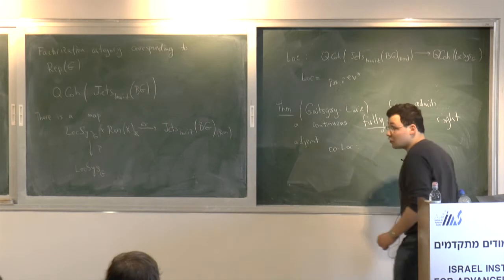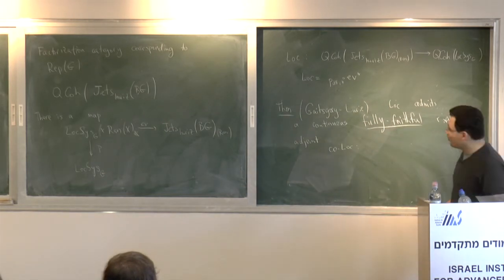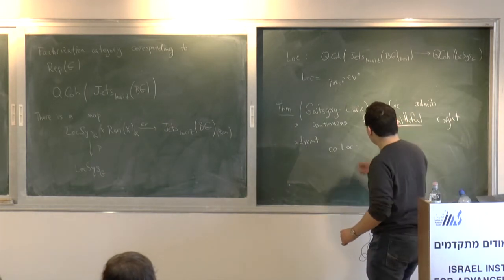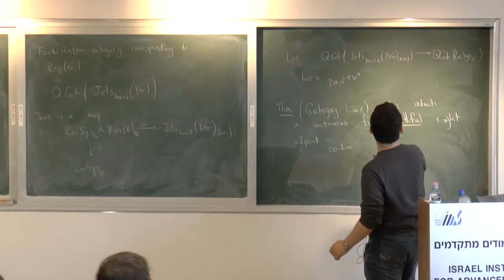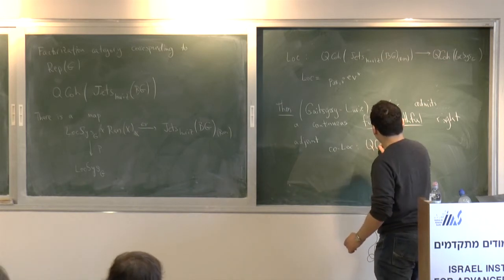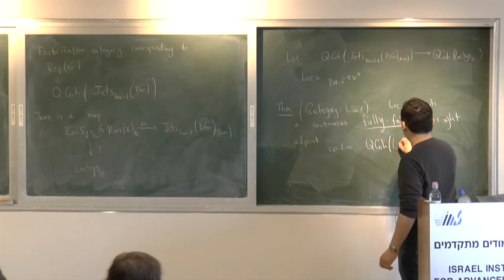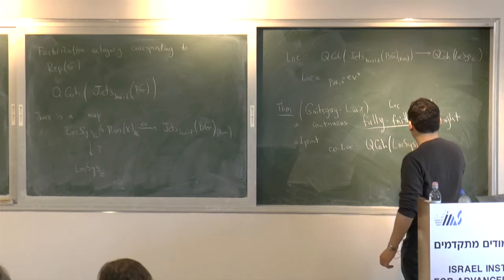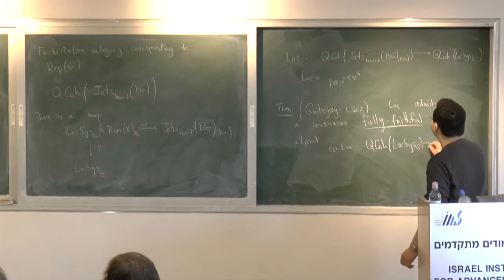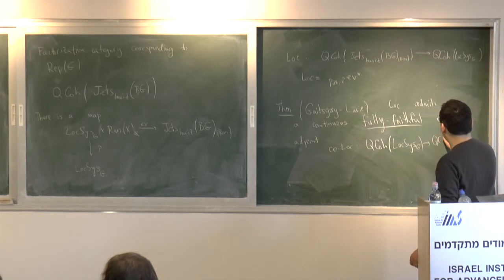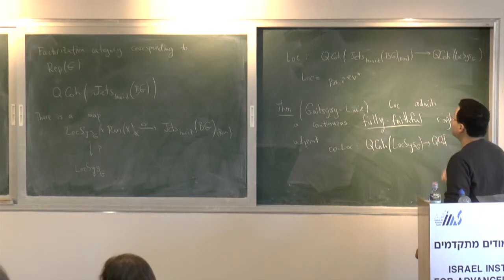Maybe the notation isn't so great, but once I started with the localization, that doesn't leave much choice. So from quasi-coherent sheaves on local systems to quasi-coherent sheaves on this jet space.